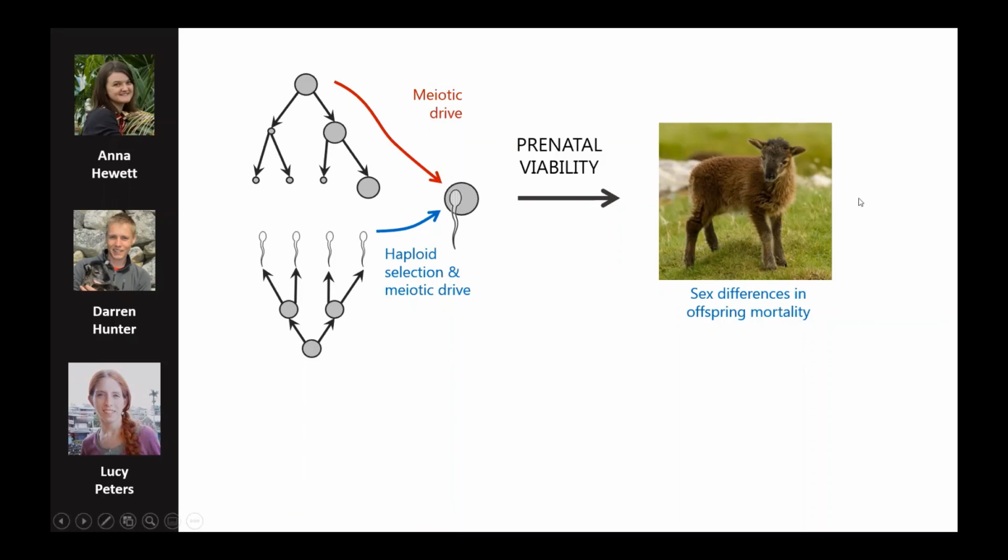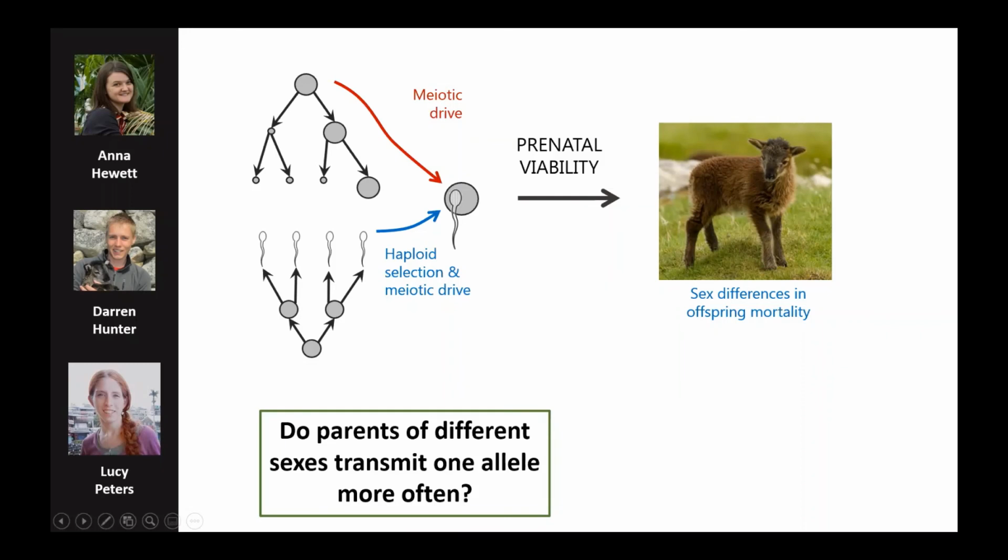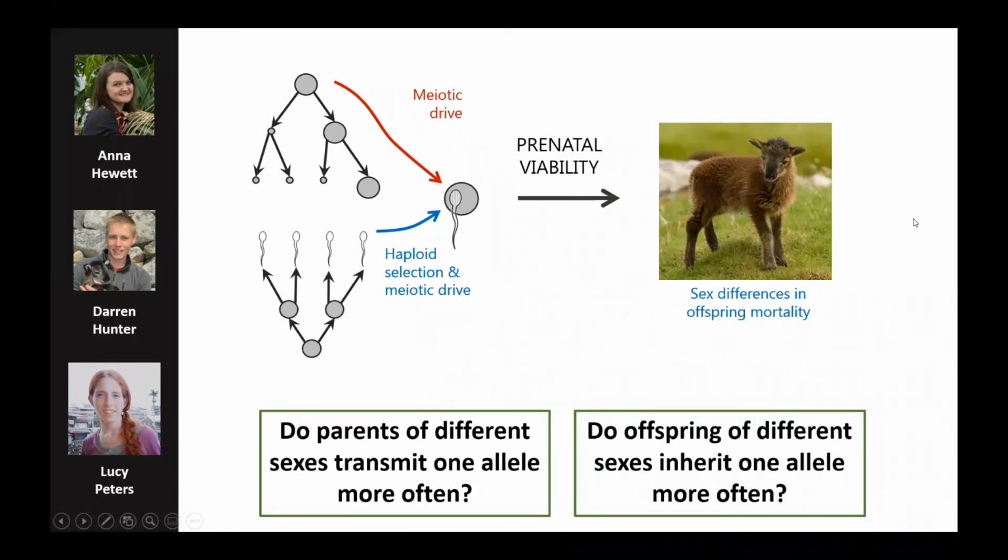We want to investigate if parents of different sexes are more likely to transmit a particular allele, which indicates some selection at the gametic stage, or if offspring of different sexes inherit one allele more often, so selection at the viability stage. This work has been done by Anna and Lucy, in collaboration with Darren Hunter.